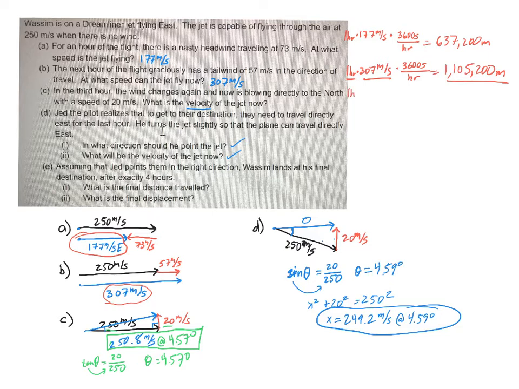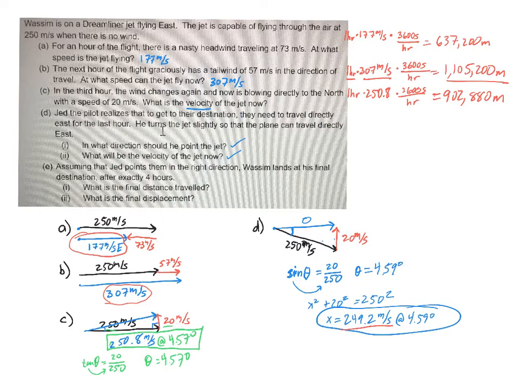So again, 1 hour times 250.8 times 3,600 seconds per hour. And I get 902,880 meters. And then the last hour, I'm going 250, so I get a total speed.